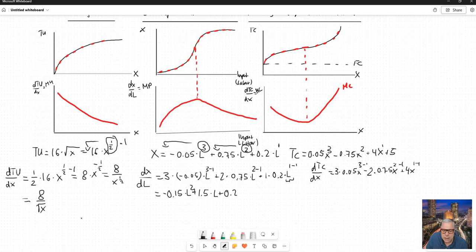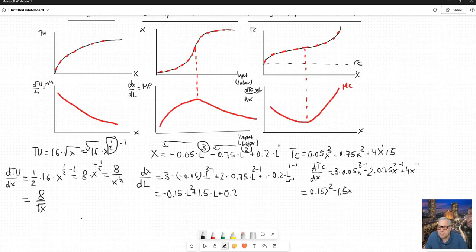Okay, so now we can collect terms again. 3 times 0.05 is 0.15 x squared, minus 2 times 0.75, so that's minus 1.5x, and then 2 minus 1, that's just a 1, so that's an invisible 1.